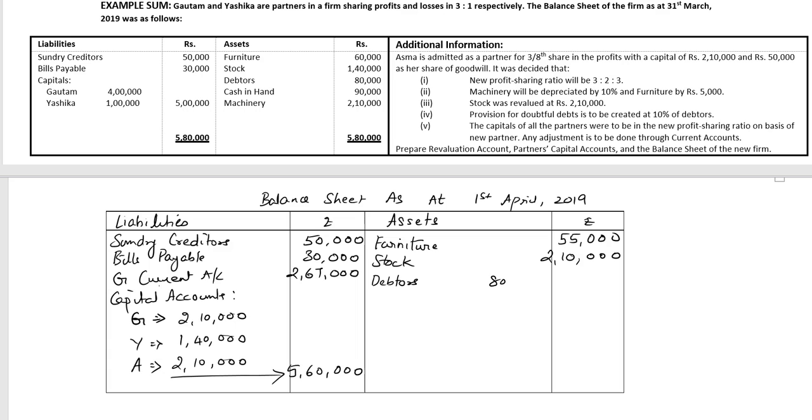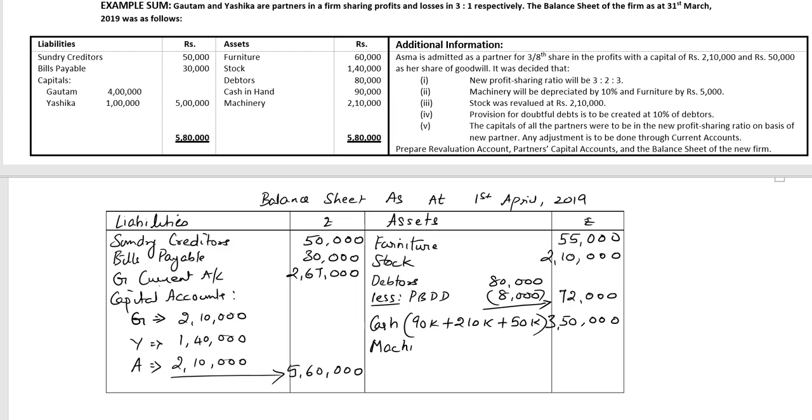Original figure 80,000 rupees less the provision of 10% on debtors, 8,000 rupees. So in the outer column we have 72,000 rupees. Cash, the original figure 90,000 plus the capital brought in by Asma, which is 2,10,000, plus premium for goodwill 50,000. So it comes up to 3,50,000 rupees.